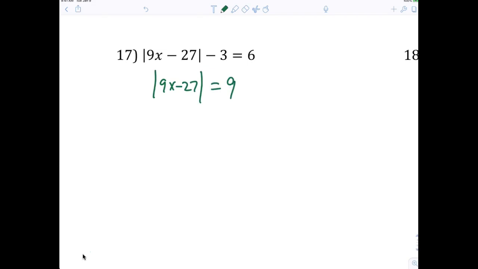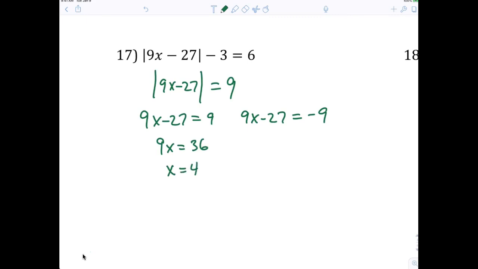So you have to do 9x minus 27 equals 9. Mm-hmm. 9x minus 27 equals negative 9. You're brilliant. And 9x equals what? 9x equals, for the first one, 3 or 4.